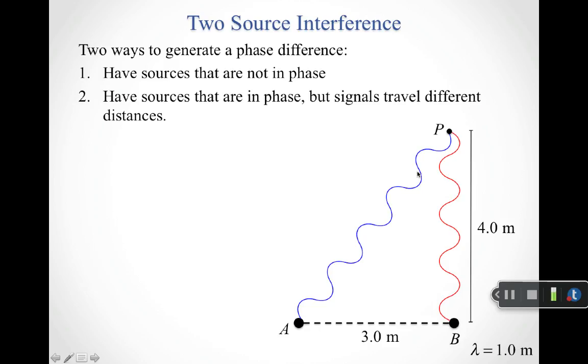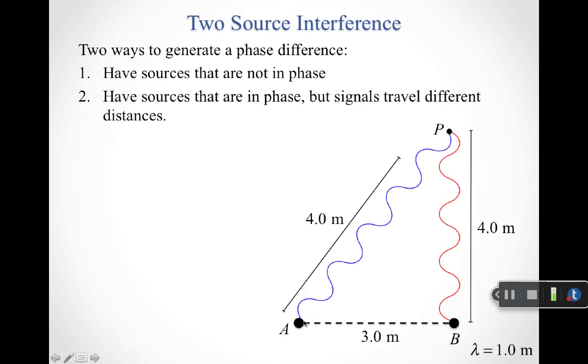So that additional distance that the blue wave travels now matters. And so depending on how much longer I make one wave travel than the other and what their wavelength is, I can induce a phase difference.